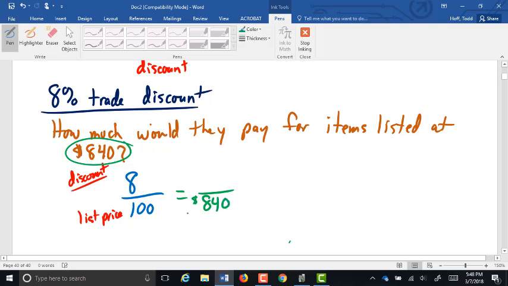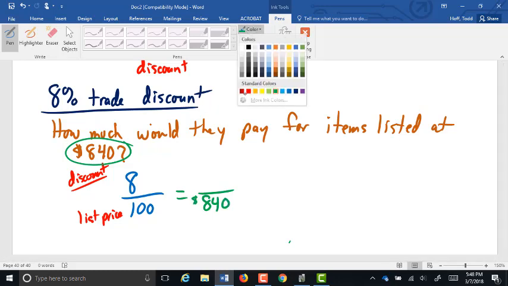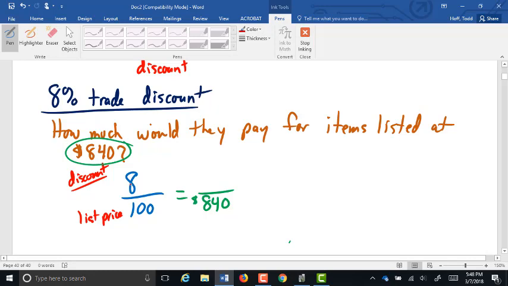That goes on bottom. I cross multiply and divide to get my missing number. 8 times 840 is 6,720. Divided by 100 is $67.20.